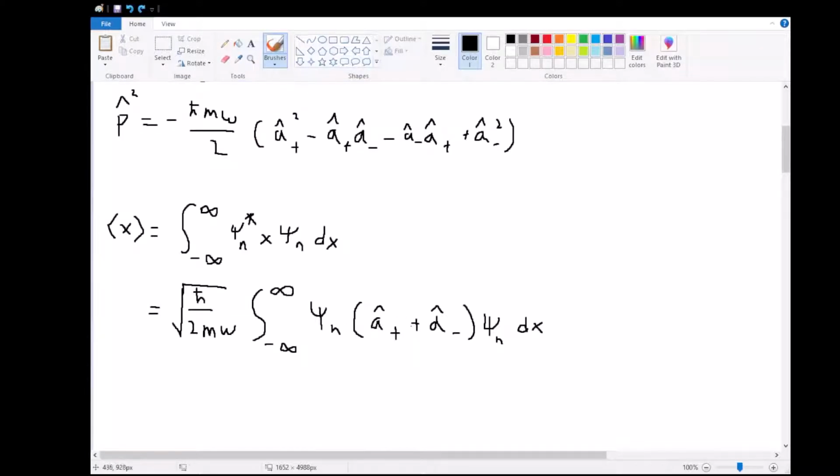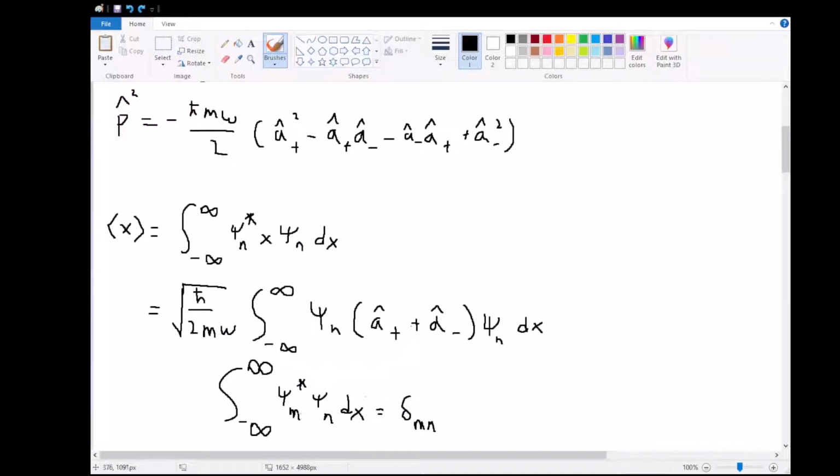But the problem is that we already know that the stationary states are orthogonal to each other, so any integral from negative infinity to infinity of psi m star times psi n dx is going to be equal to a Dirac delta function in terms of m and n. So m and n have to equal each other, in which case this integral becomes 1, and if they don't equal each other, then this has to equal 0. So therefore, we have two integrals where m is equal to n, and n is equal to either n plus 1 or n minus 1.